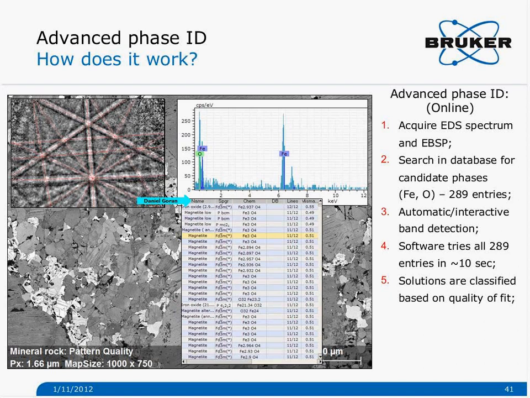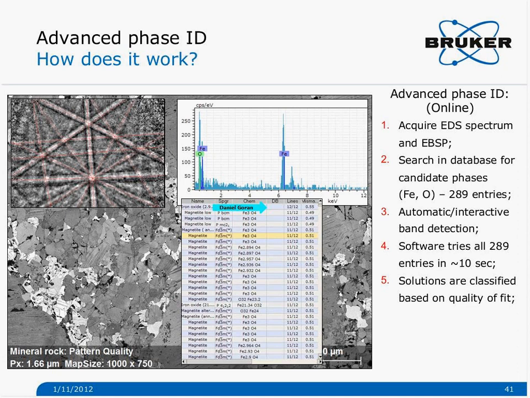One is here on this column, and represents the number of detected bands out of 12, which is the maximum number of bands that can be detected in this part of the software. So the number of detected bands fitting the simulation, which means what you see here on top, these solutions have been found with 11 and 12 bands respectively.